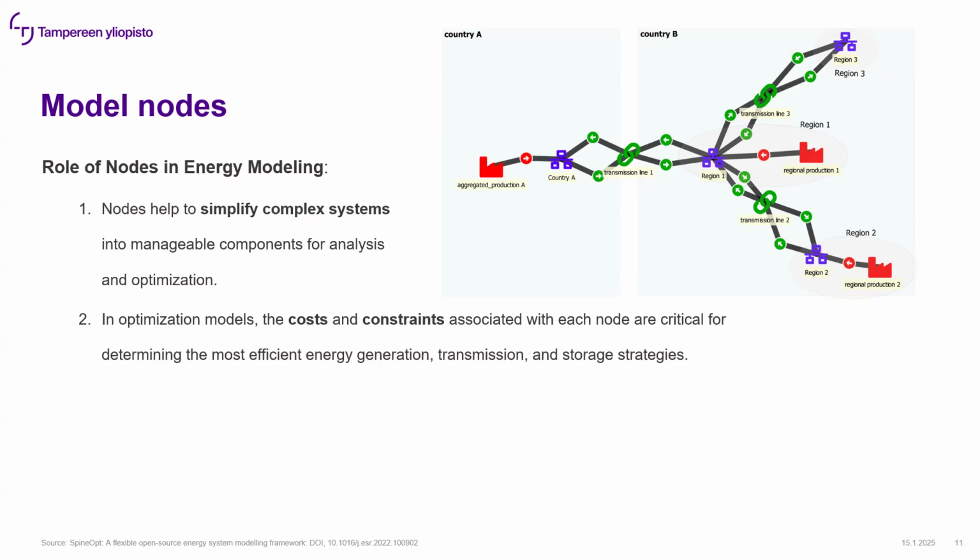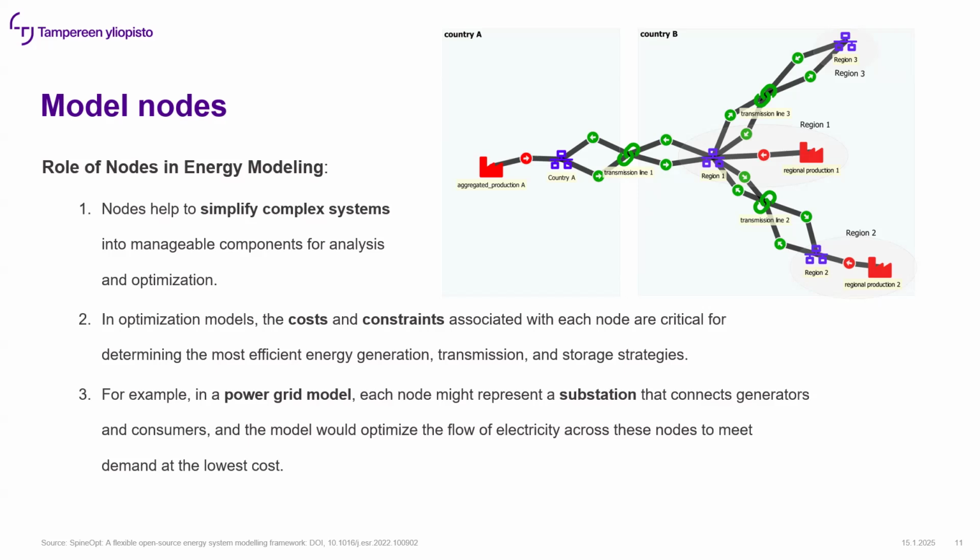In our cases, we are talking mostly about energy generation and transmission. I don't know if we have enough time in the exercises to include the storages in our SpineOpt model.